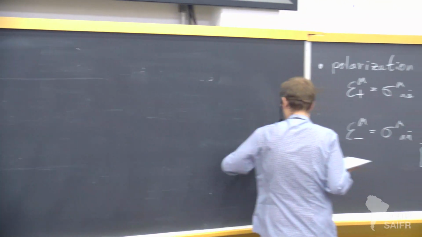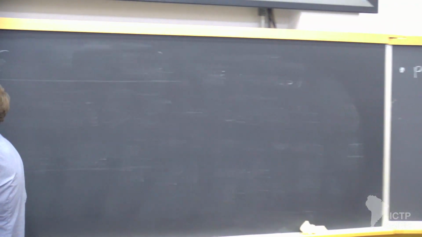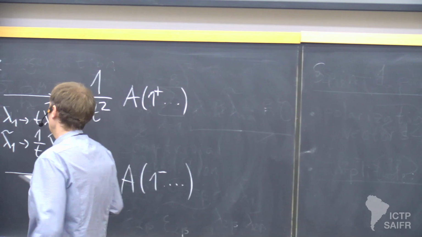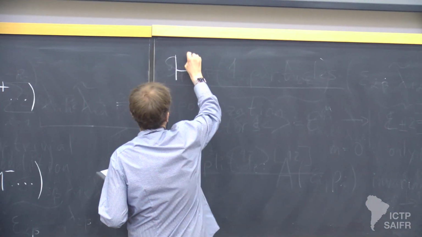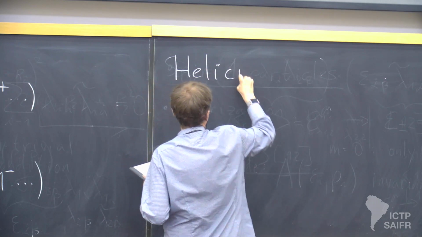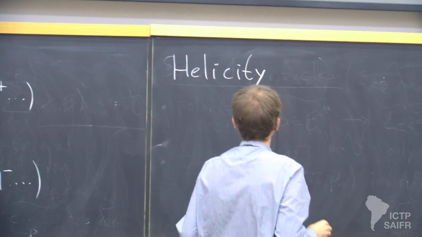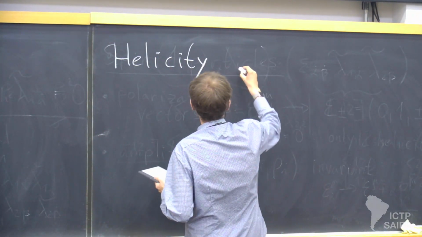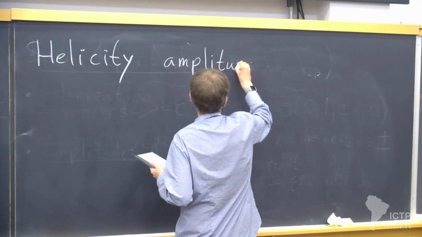So this also brings us, we see that this is such an interesting condition that it leads us to the conclusion that we should consider helicity amplitudes. So we should fix the helicities of external states.